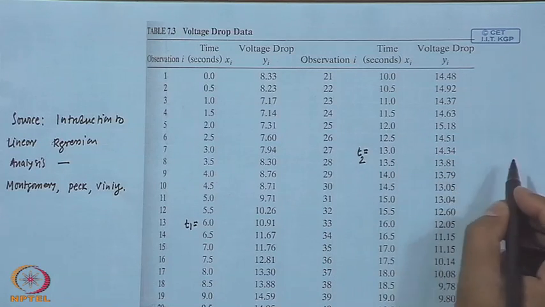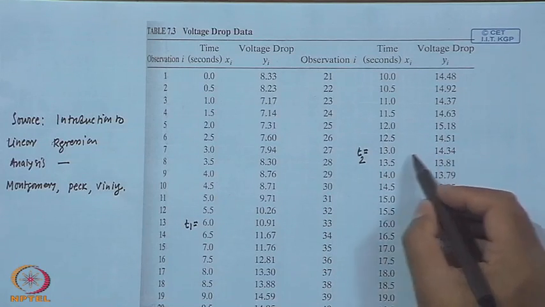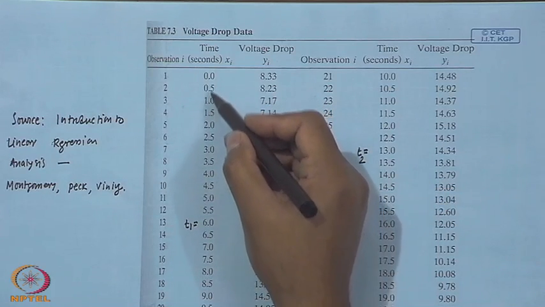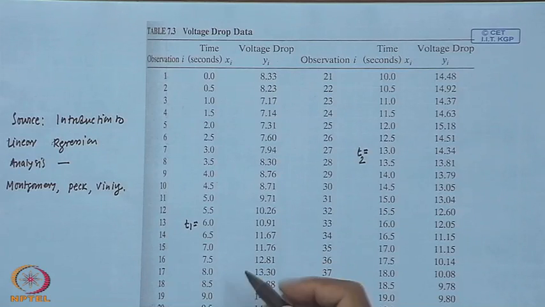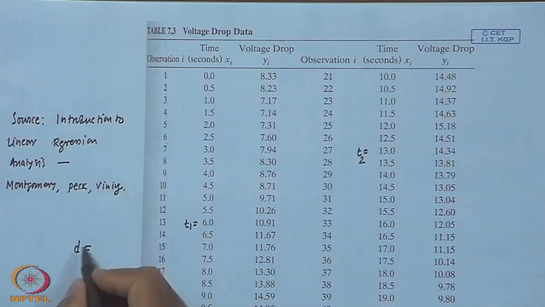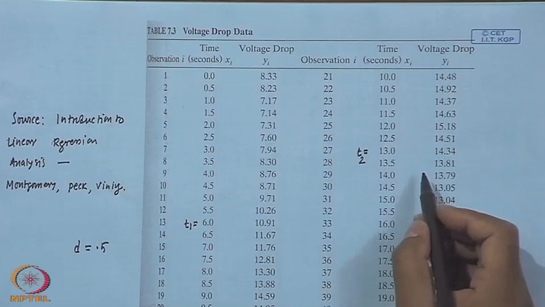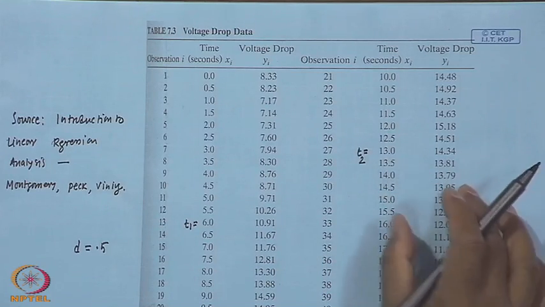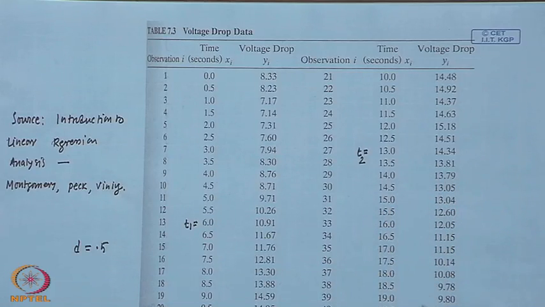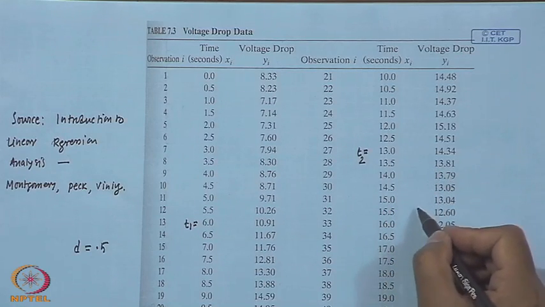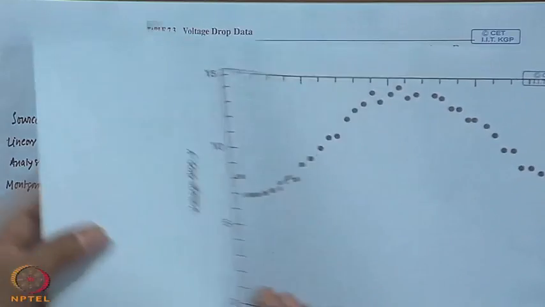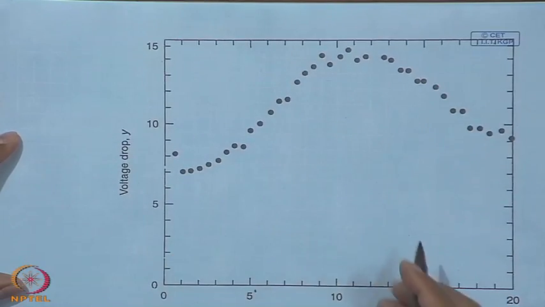From T2 onwards, you must have observed that all these x_i's are equally spaced, and the difference is 0.5. From 13 onwards, the response variable starts decreasing, and before that it is always increasing. If you have a look at the scatter plot, that might indicate it.